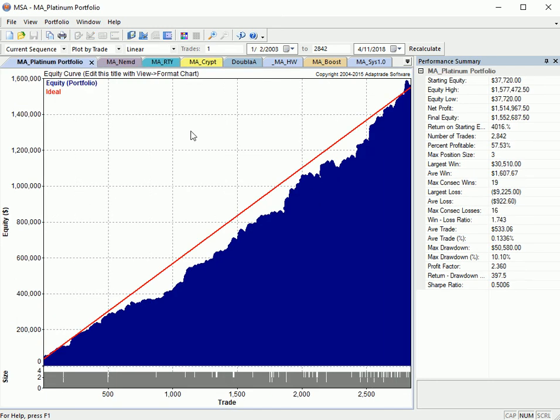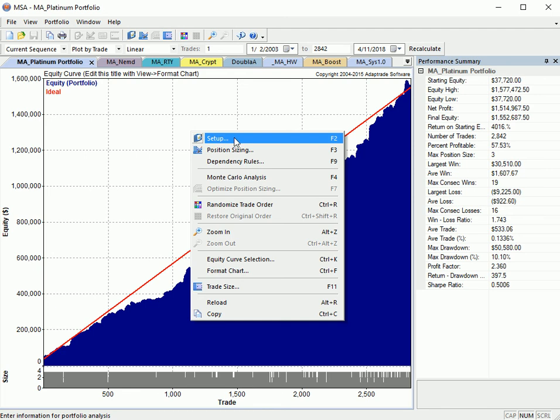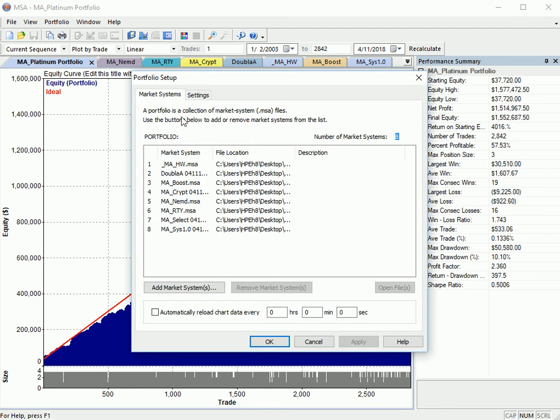So if you take all of these and you combine them, you get the Platinum portfolio. By the way, we don't ever do any position sizing or compounding. You can certainly do that. You can certainly add portfolios. So if you combine the HW, the Doubler, Boost, Crypt, and it can be non-optimized, non-curve fitted, non-back tested, a little bit of optimization, but no curve fitting or back testing, or a little bit of back testing and no optimization.